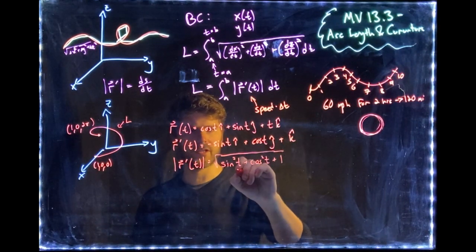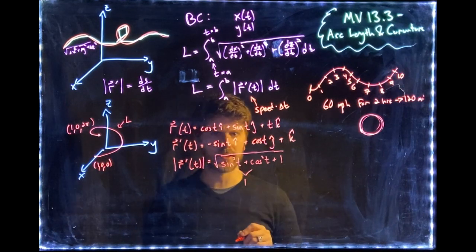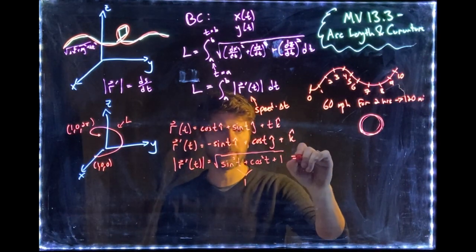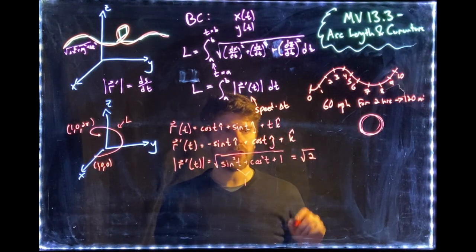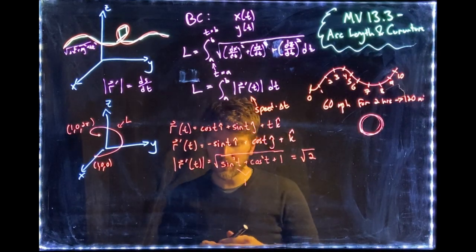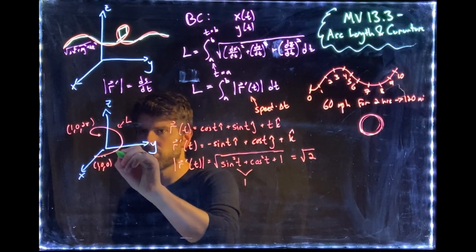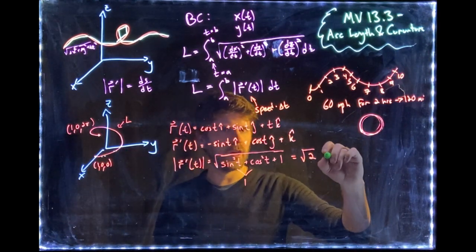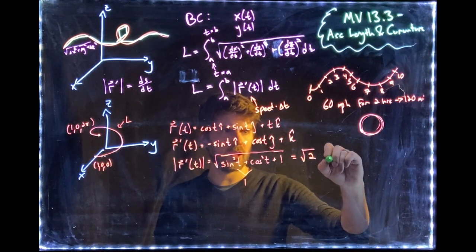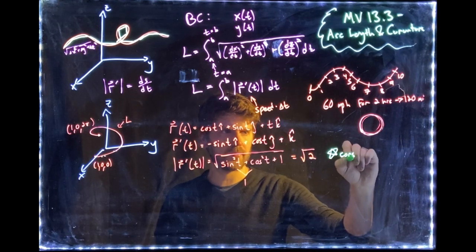Reminding ourselves that sine squared plus cosine squared always gives us 1, this is 1 plus 1, or root 2. Notice that it's constant. What that means is that if you imagine our point being an object traveling around this curve, according to this equation, it does so at constant speed.